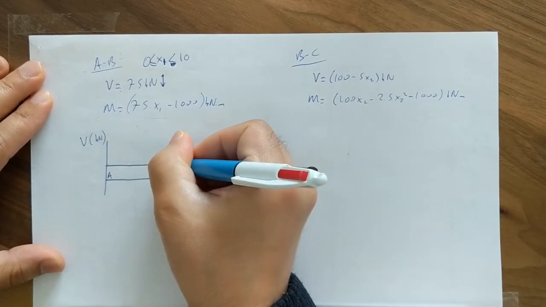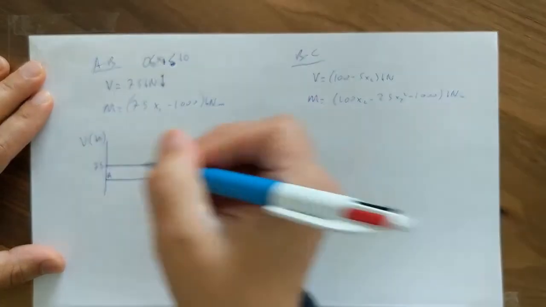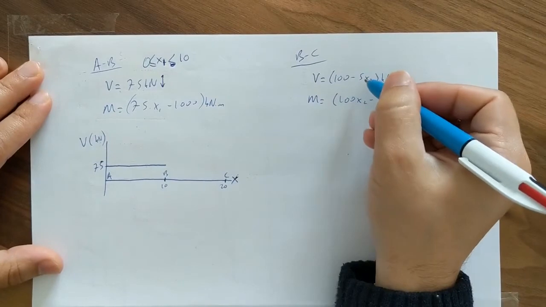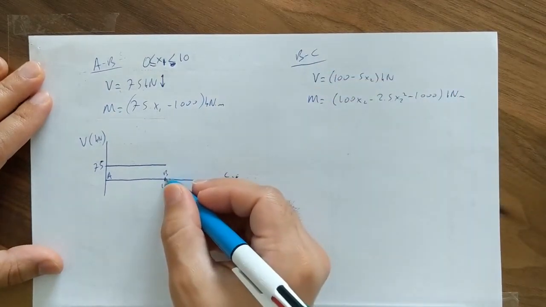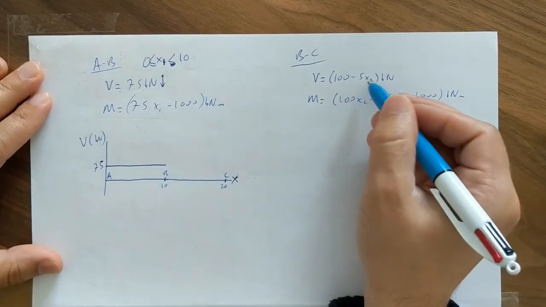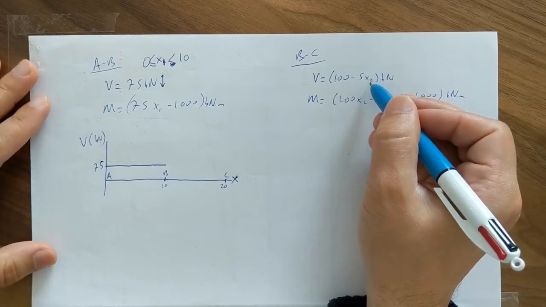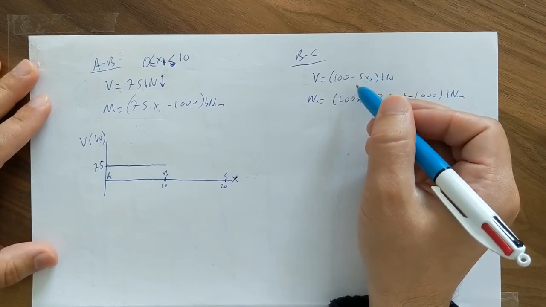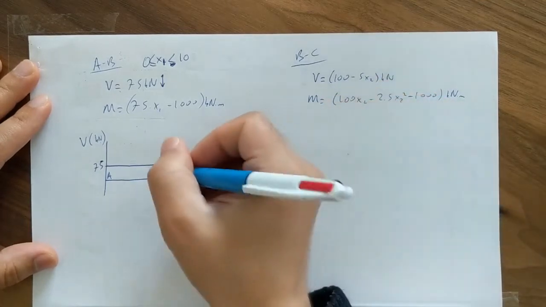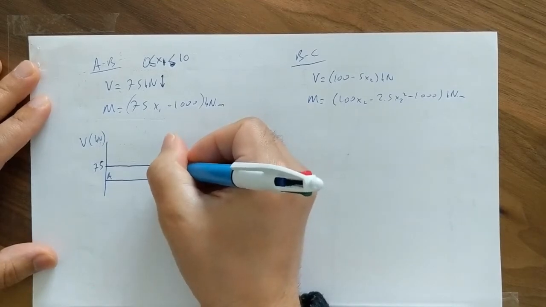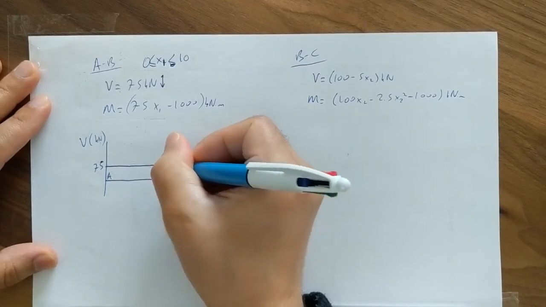I can draw this. And then looking at the equation for BC, 100 minus 5x2, when x2 is 10, we get 50, so I go down to 50.